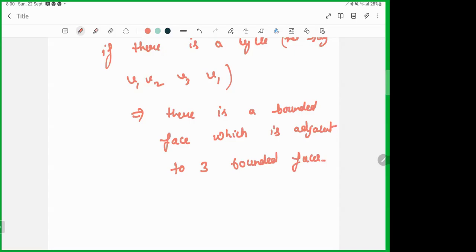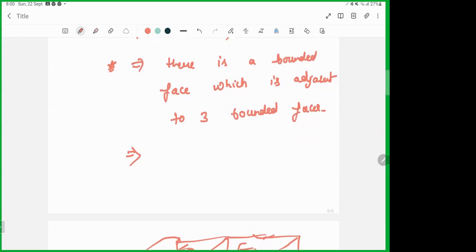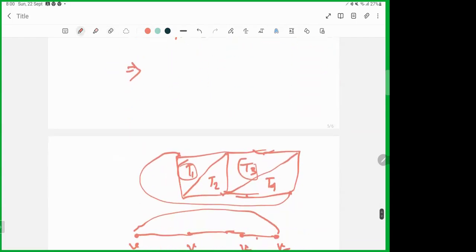So if this holds, we will verify this claim. More or less intuitively it is correct, but this should hold. So if there is a bounded face f, I should say f. So then what will happen if this is a bounded face which is adjacent to three faces?